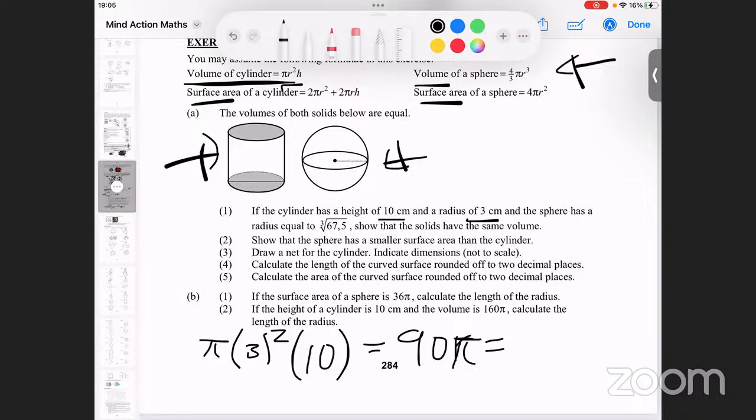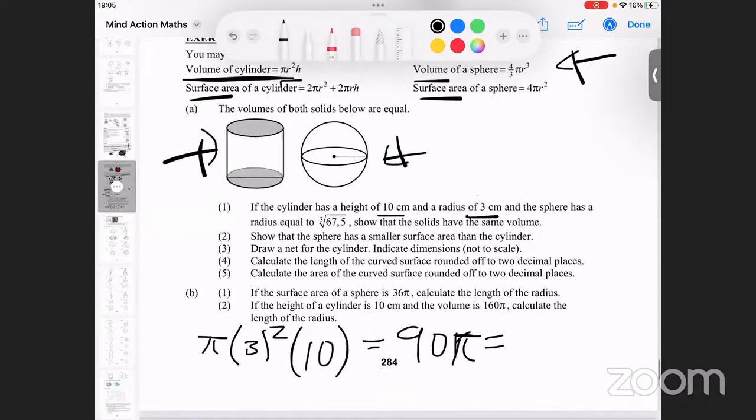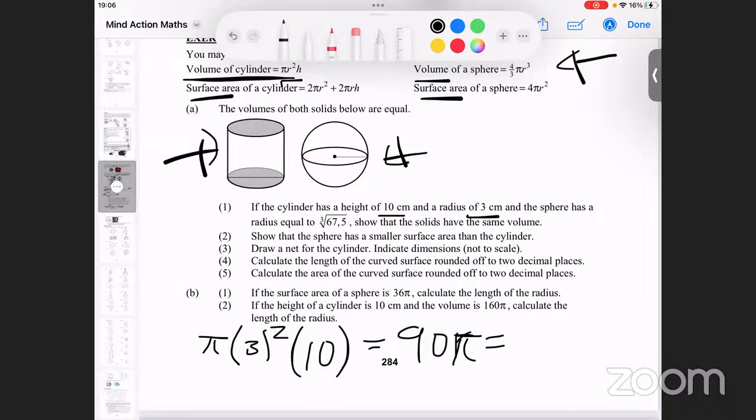Okay, cool. And the second one, how much did you get? I'm still calculating. Okay, Busisi, how much did you get for the volume of a cylinder? Ma'am, I also got 90 pi. Okay, cool. And for the second one, how much did you get?